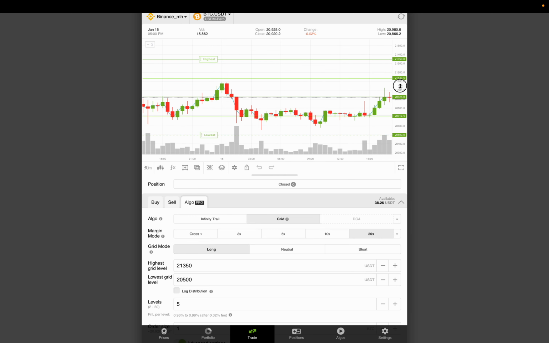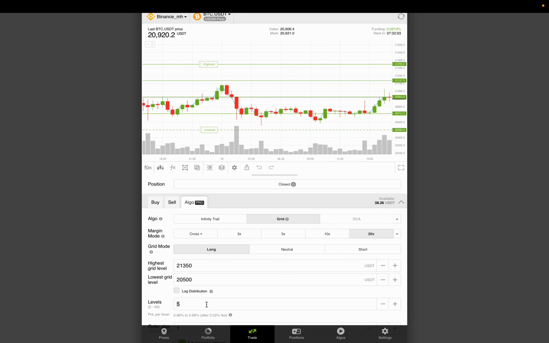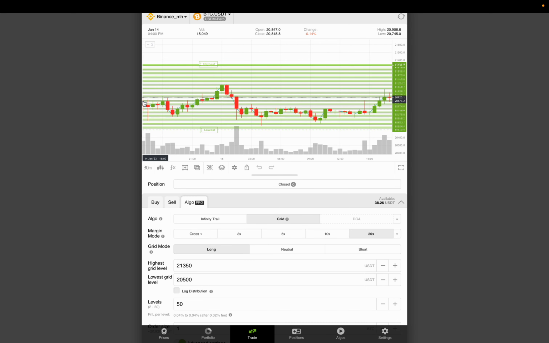Imagine if it wasn't a 5-level grid, but say a 50-level grid. It will do the same. It will place buy orders everywhere. The buy orders above the market price will basically immediately execute, giving you a nice position of 25 BTC long, right? And if the price goes up, you'll be selling your BTC one by one here, here, here.